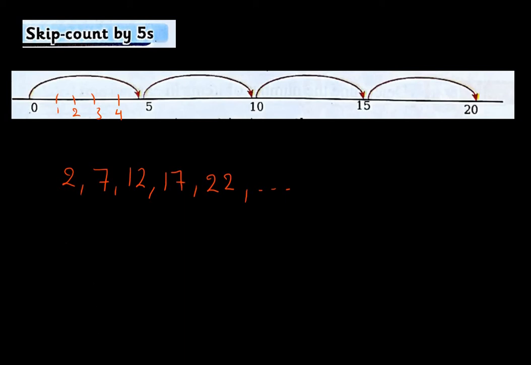If we start with 4, it is 4, 9, 14, 19, 24, and so on. What you observe is that when we add 5s, the ones digit repeats, 2, 7, 2, 7, but the tens change: 2, 7, 12, 17, 22, and 4, 9, 14, 19, 24. Okay?